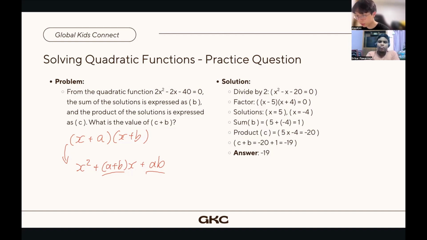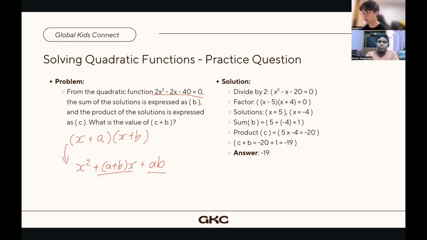However, a key thing to note is that for this function and for other functions, if the coefficient of the x squared value is not 1 but another value, then you can divide by the coefficient of x squared so that you get an x squared coefficient of 1, so that you can utilize the exact values in order to find the sums and the products.